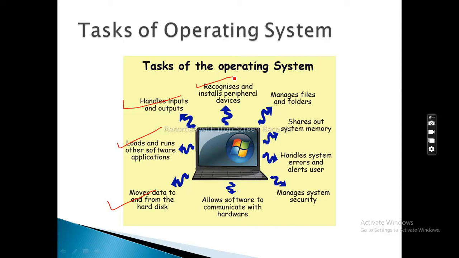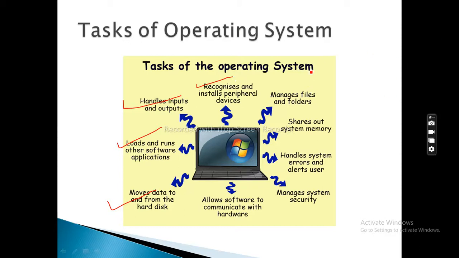That is the work of the operating system only, that if any user is connecting any external peripheral device, then it is its duty to recognize that device and to provide the basic information.